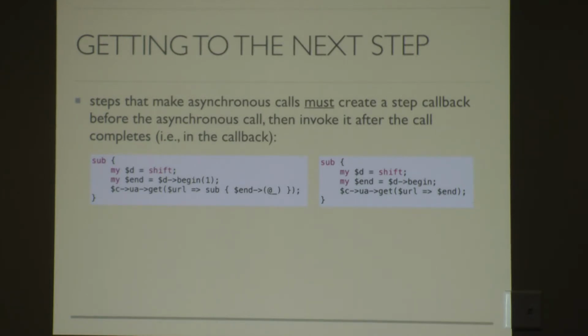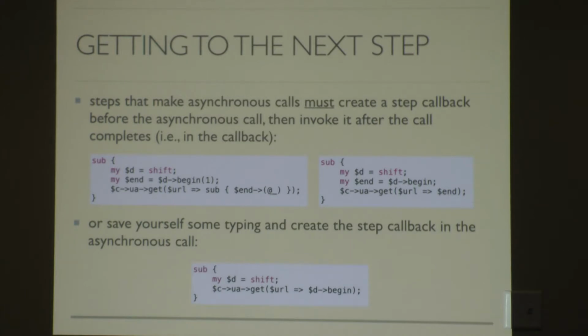But if you're going to be doing that, you might as well just create it right there as the callback. Again, this begin returns a function that will be called when the GET request comes back. Any questions so far?